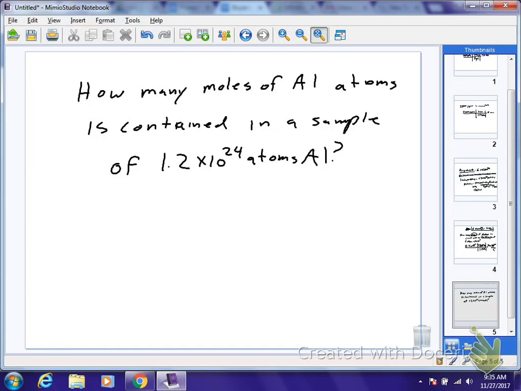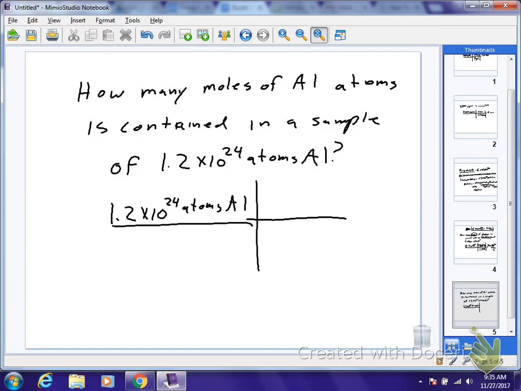We'd say 1.2 times 10 to the 24th atoms of aluminum. And then we go, see, I'm being very detailed. So then what unit goes down below? Atoms of aluminum, right?